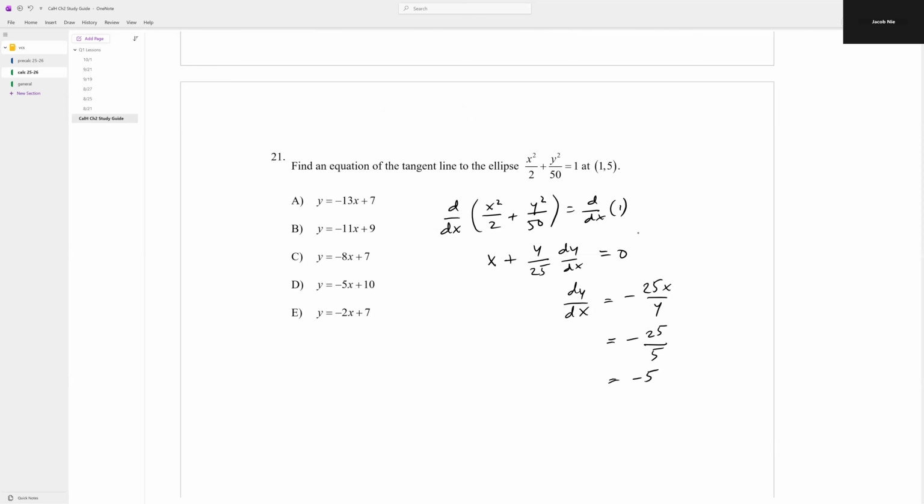And so my final step is just to use point slope form. Y minus 5 equals slope negative 5. Well, actually, you can just look at the choices and see this question must be part D. Negative 5 times x minus 1. If you simplify that, you would get negative 5x plus 10.